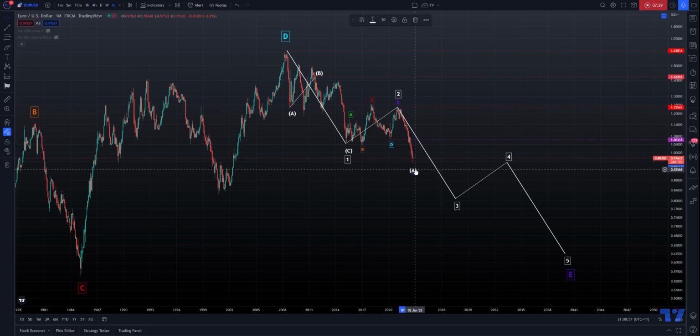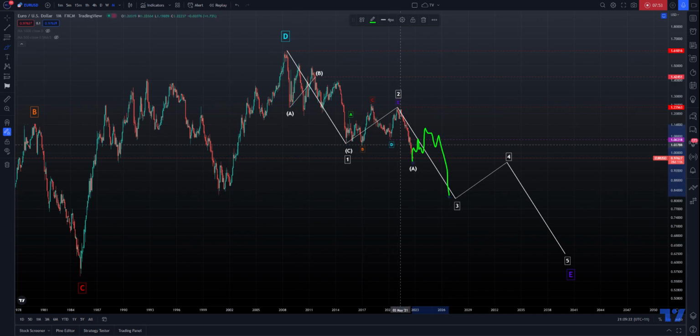So wave A here, similar to wave A here. And then we'll probably get a corrective part of this move that will produce some kind of similar pattern, and then we will get a thrust down for wave C that will probably be another sharp move down, right?